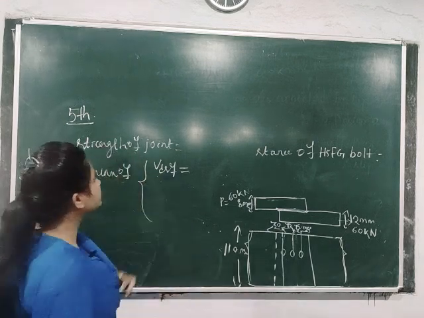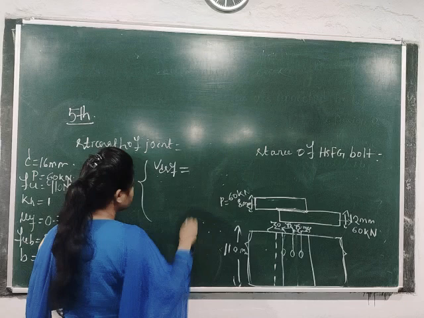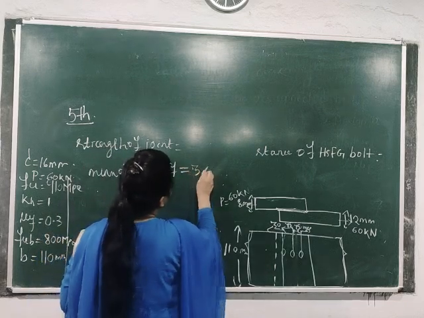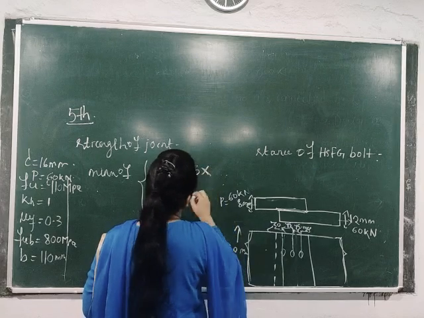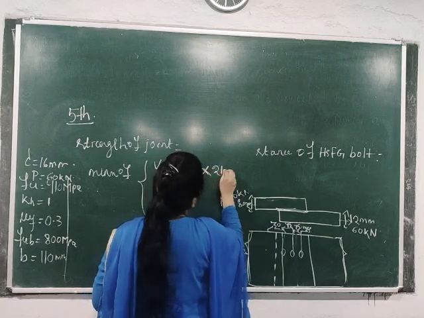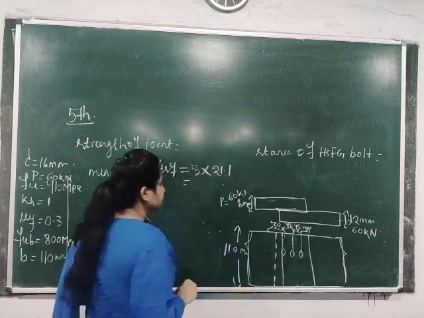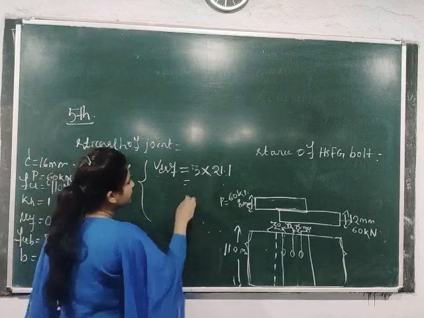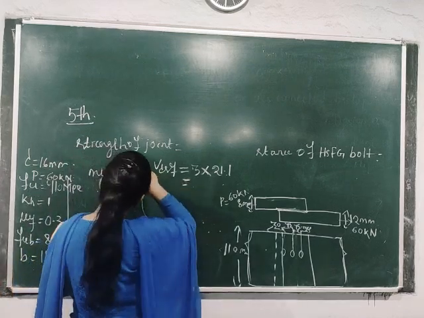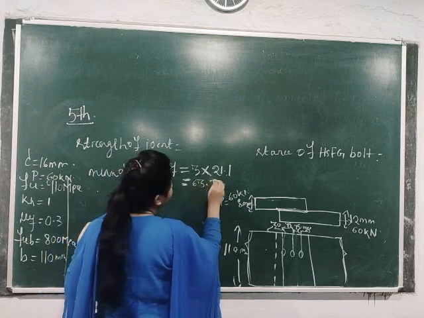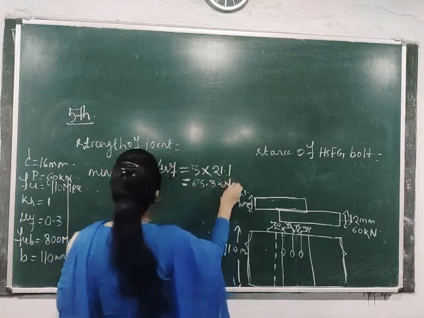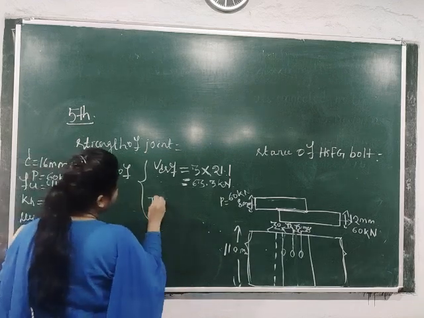So the design shear capacity will be 3 into the design shear capacity of 1 HSFG bolt, that value is 21.1 kilonewton, which we calculated in the second step. So here the strength of the bolt will be 63.3 kilonewton.